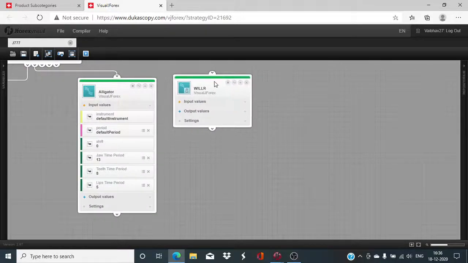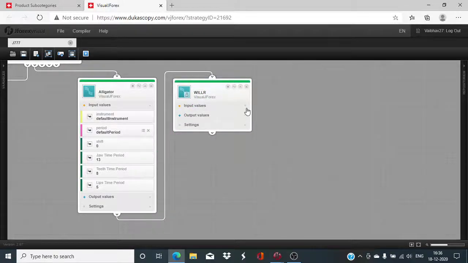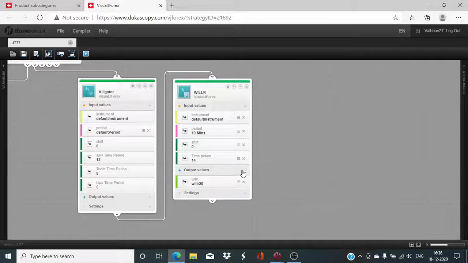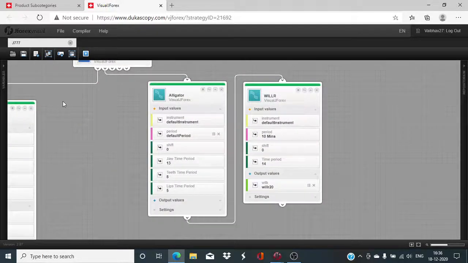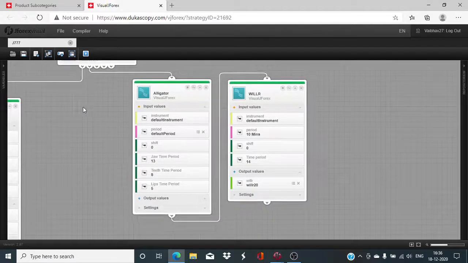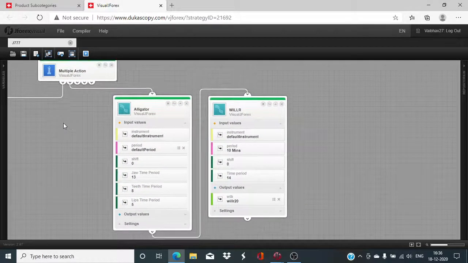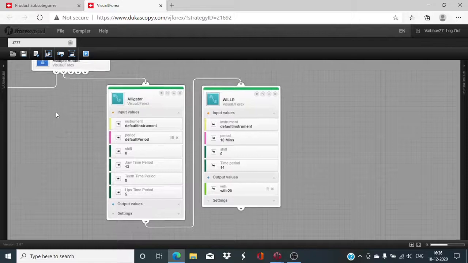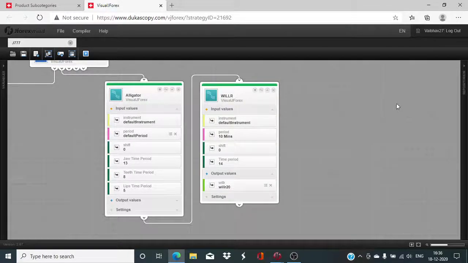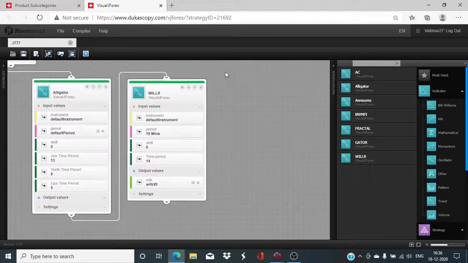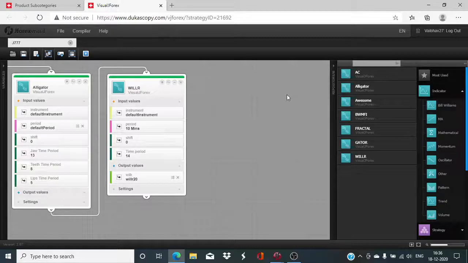For example, I am here taking this Williams R value, and we can then make it more complex, add layers to it, and then again bring the multiple action block in focus, define certain conditions, which if get fulfilled, then we will see the trade flow moving forward and executing the trade.